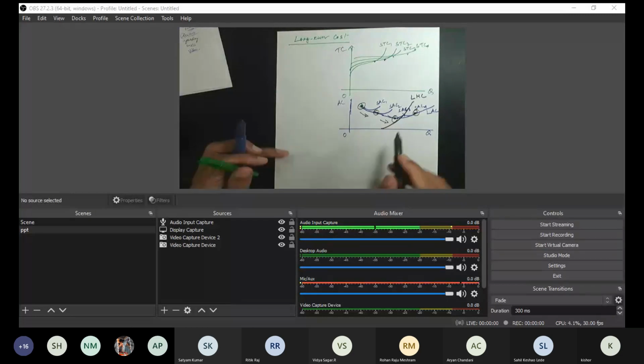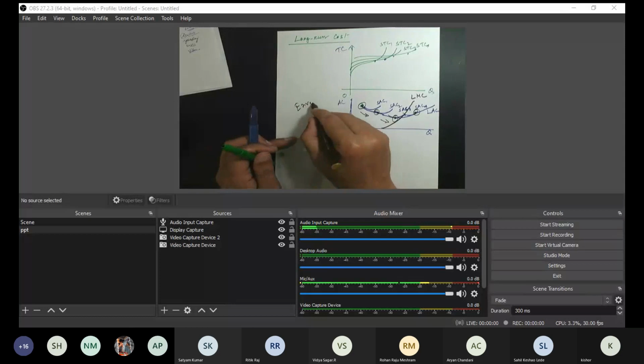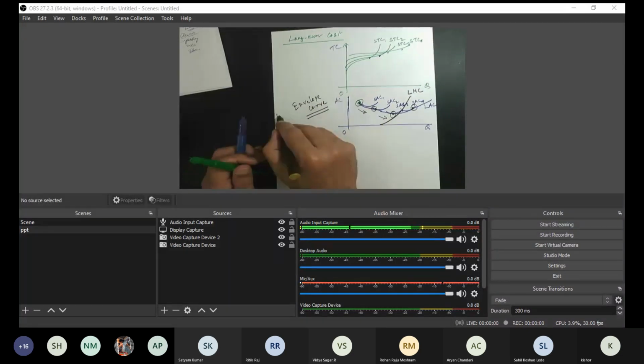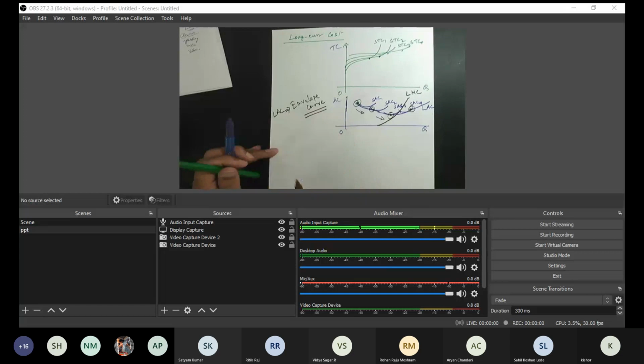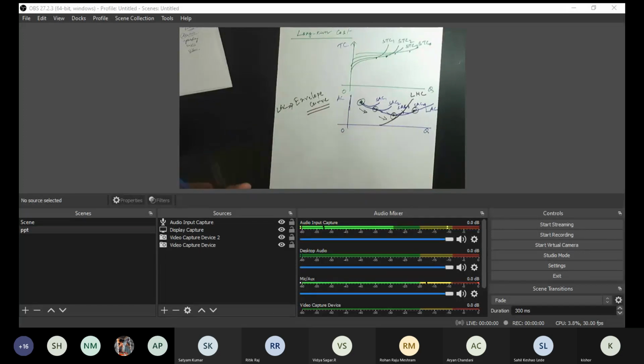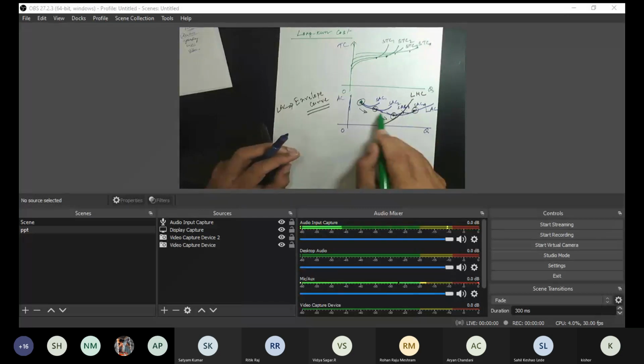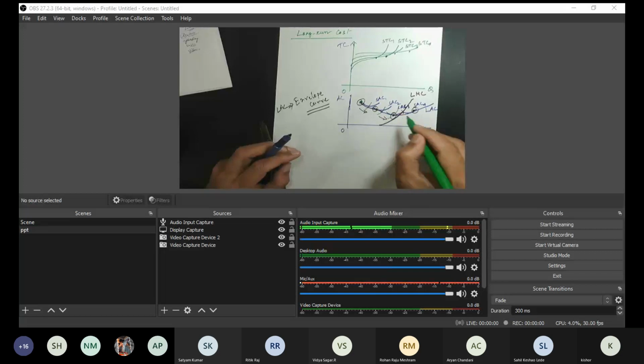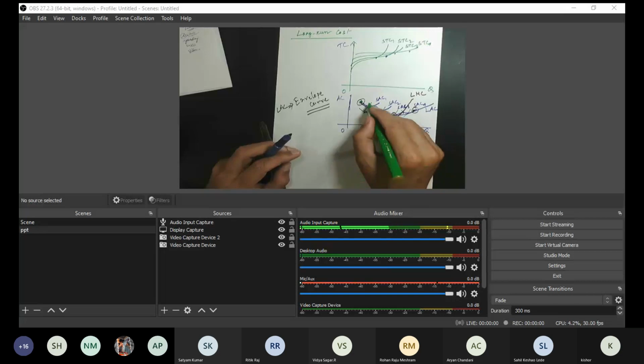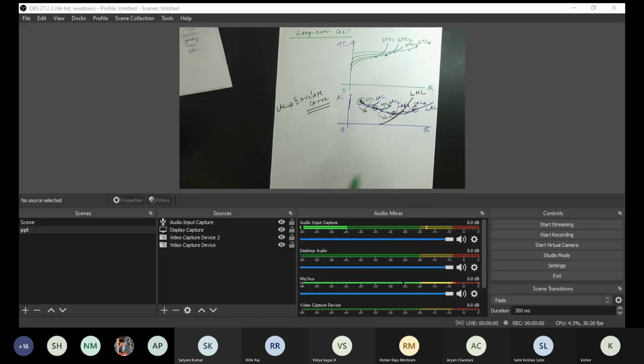So this is also called your envelope curve. The long run average cost curve, LAC, is also called your envelope curve, because just like an envelope, inside that you will get so many short run average cost curves. And against each and every one of these you will get a short run marginal cost curve also, SMC 2, and so on.